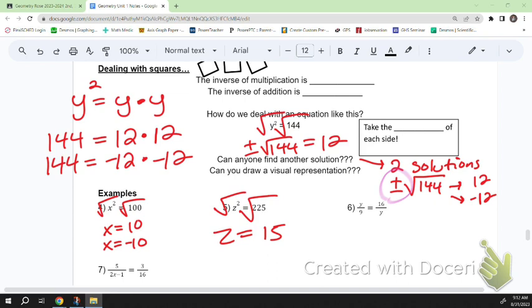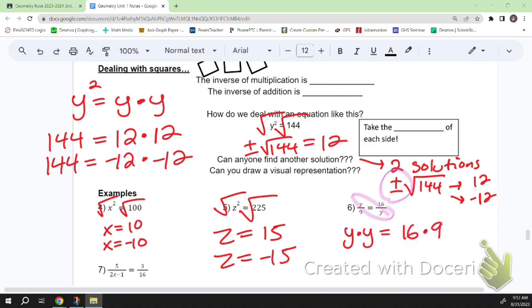For number 5, did you get z is 15 and z is negative 15? Let's try 6 together. Oh my gosh, a proportion. Focus, focus, listen, listen. What's y times y? Y squared.